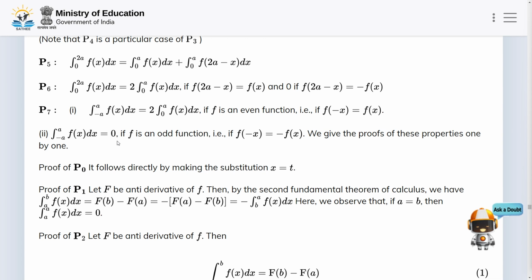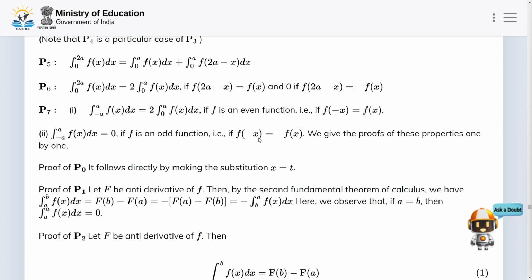Now the second part: the definite integral from minus a to a of f(x) dx is 0 when f is an odd function. Odd means f(minus x) is equal to minus f(x). Clear? Okay, let's see their proofs.